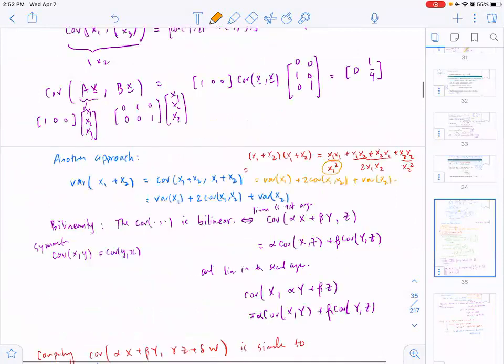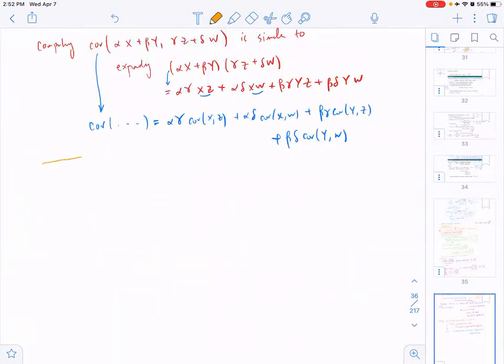Yeah, so now, if you understand this, what would be the variance of x1 minus 2x2? How do we get this? We could do it directly, but let's say we expand it like this.